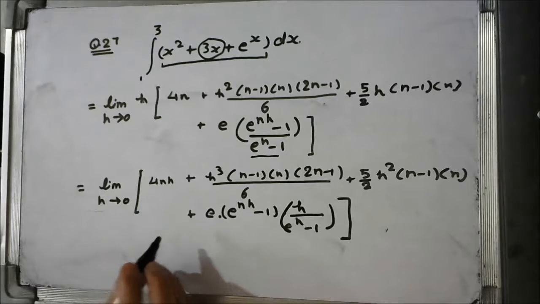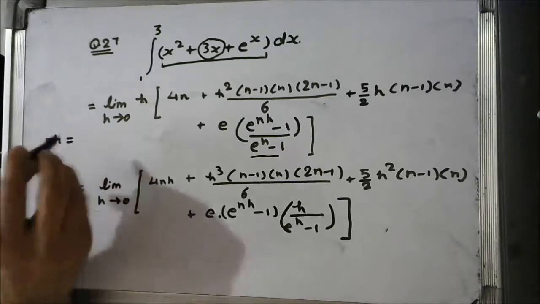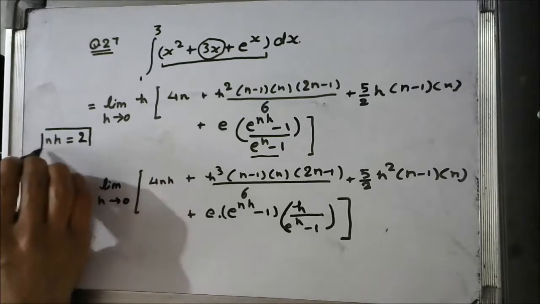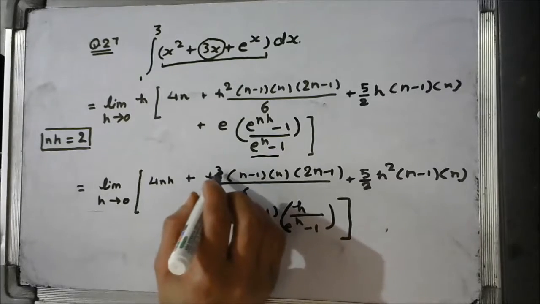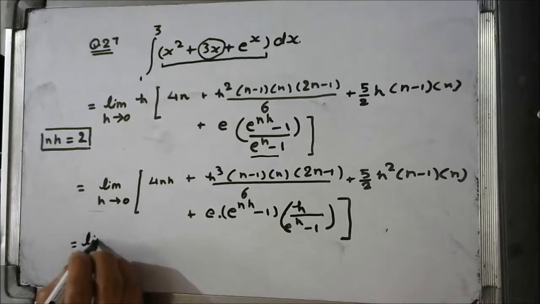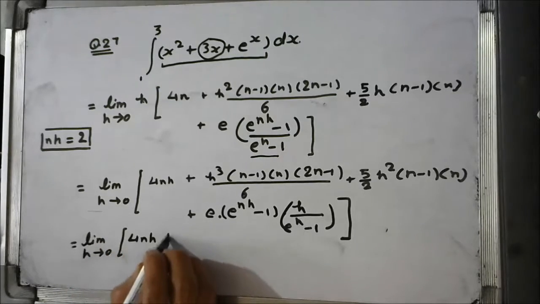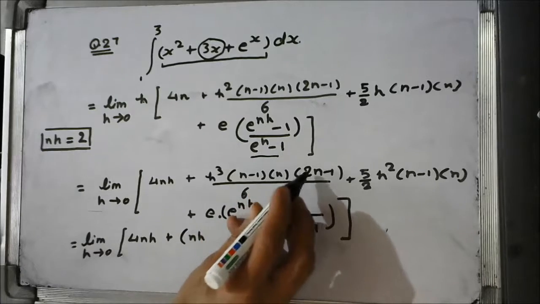Now at every place wherever we get n into h, we will substitute b minus a, that is 2 in this question. Wherever we get h alone, that will be replaced by 0. Before that, distribute this h cube into these brackets, one h being given to each of these brackets.